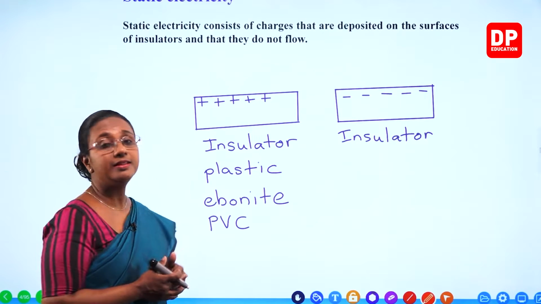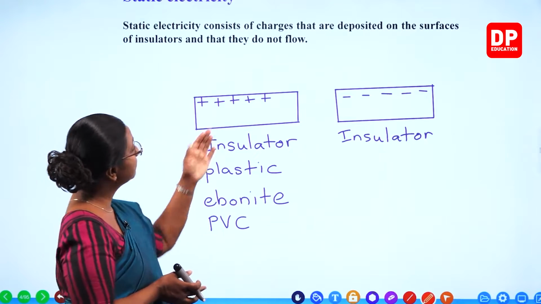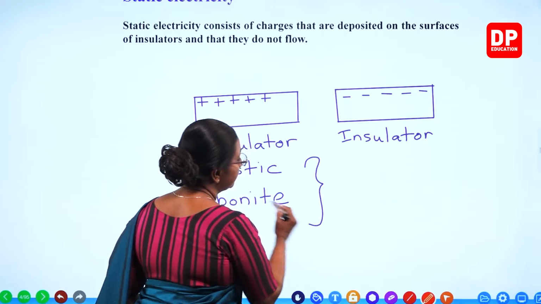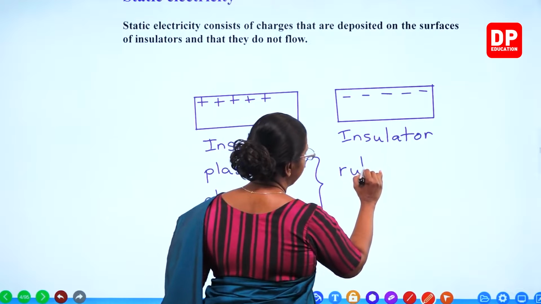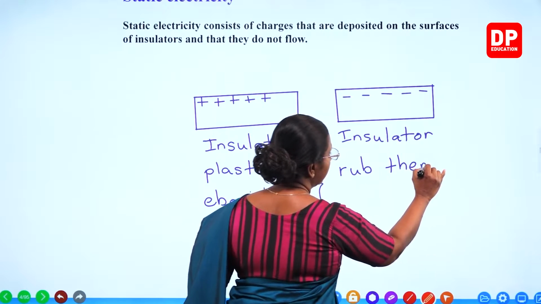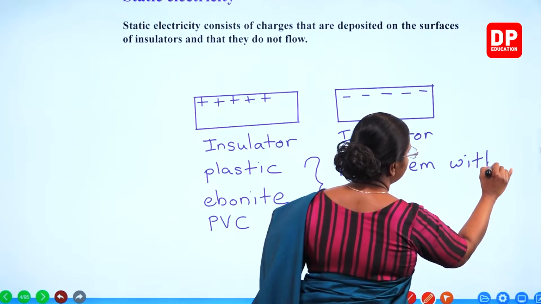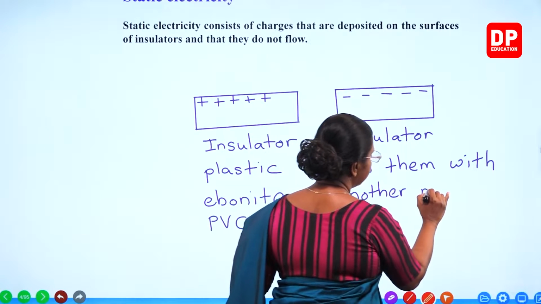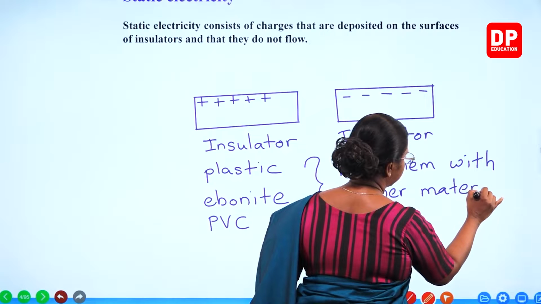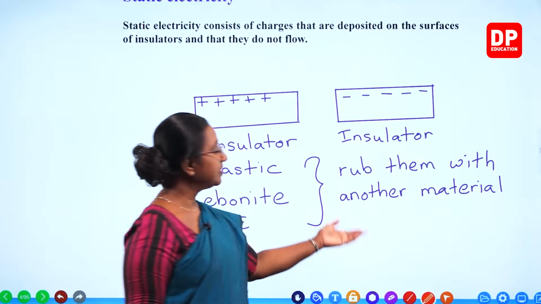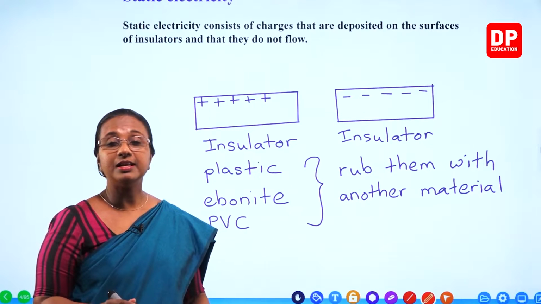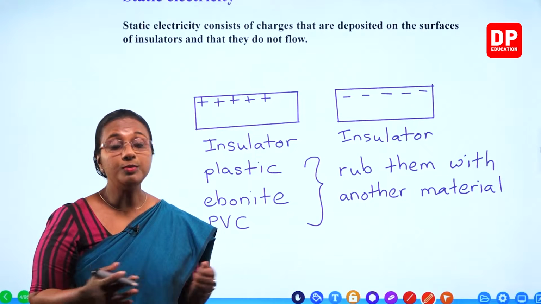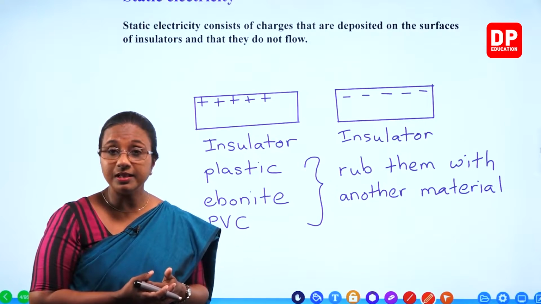So how do you get this charge deposited on the surface of these materials? When you rub these insulators with another material. When we say rubbing them with another material, it can be a piece of polythene sheet, a wool material, or a cotton material.